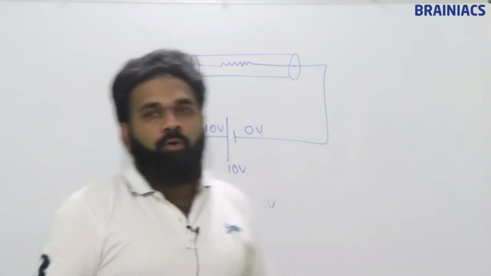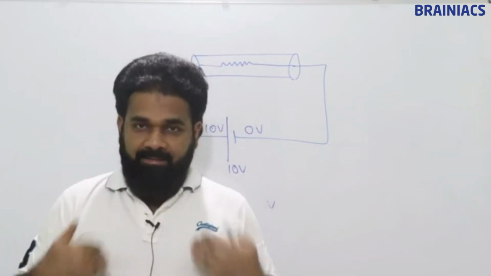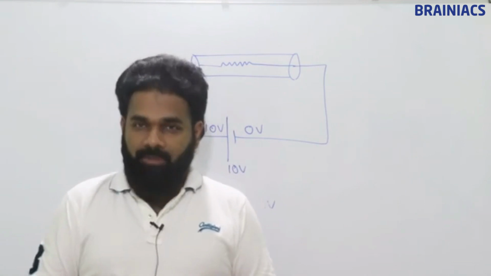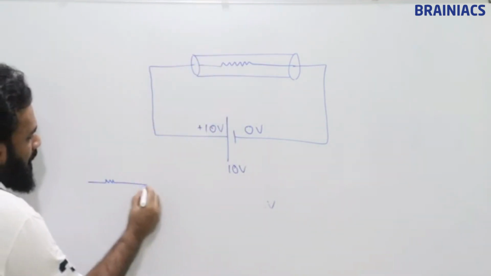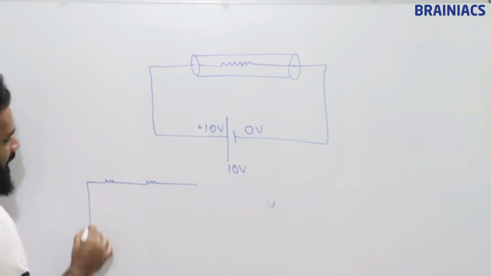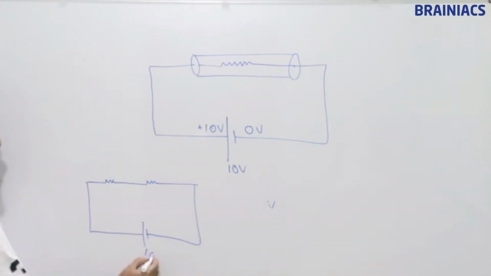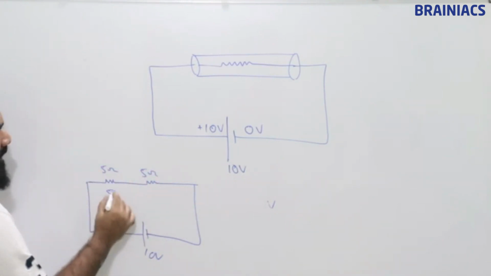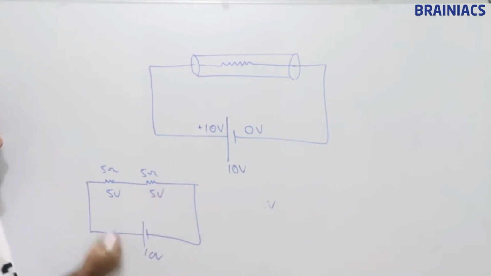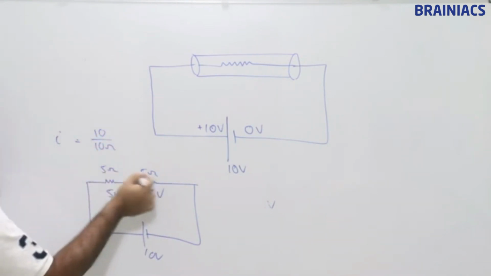All of you know what a resistor will do. A resistor will eat voltage, correct? Suppose we connect two resistances like this, and this is 10 volt, and each is 5 ohm. Definitely here it is going to be 5 volt, because I equals 10 by 10 ohm, series combination.